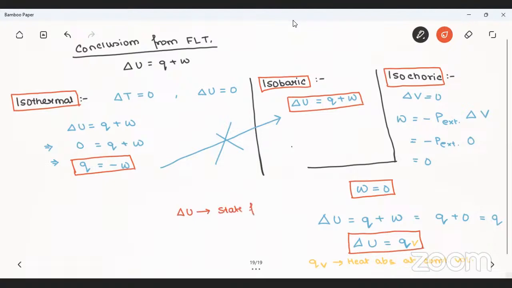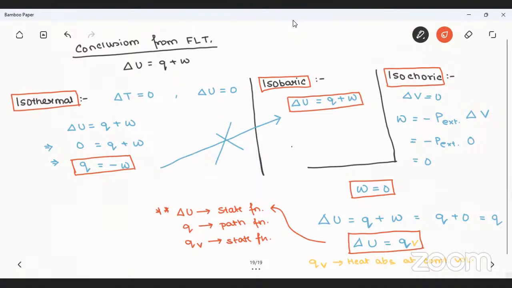Now, we know that delta U is a state function. Yesterday's class, I told you the list. Delta U is a state function and Q is a path function. But QV, this QV is a state function. Always remember this. This is very, very important. This comes in your exam. From this, I have made this conclusion that delta U is equivalent to QV.